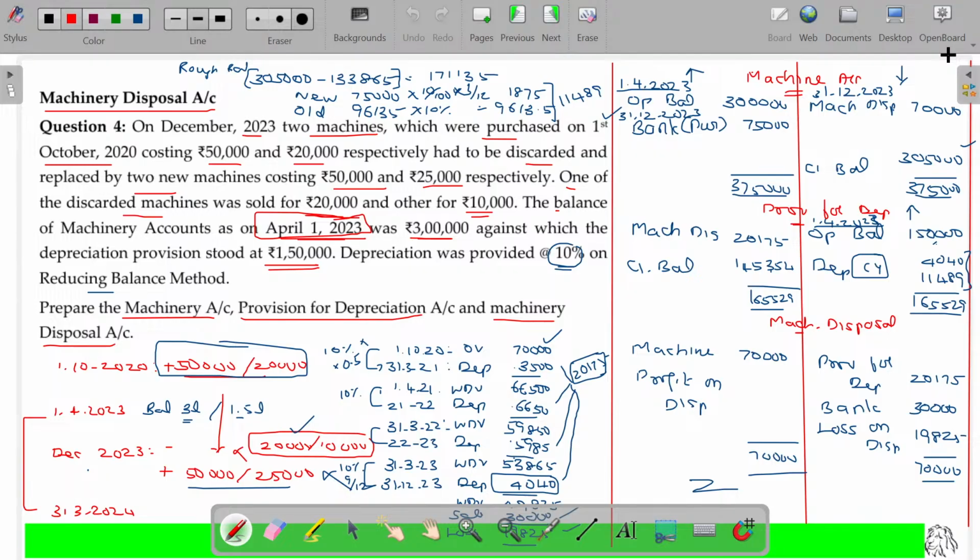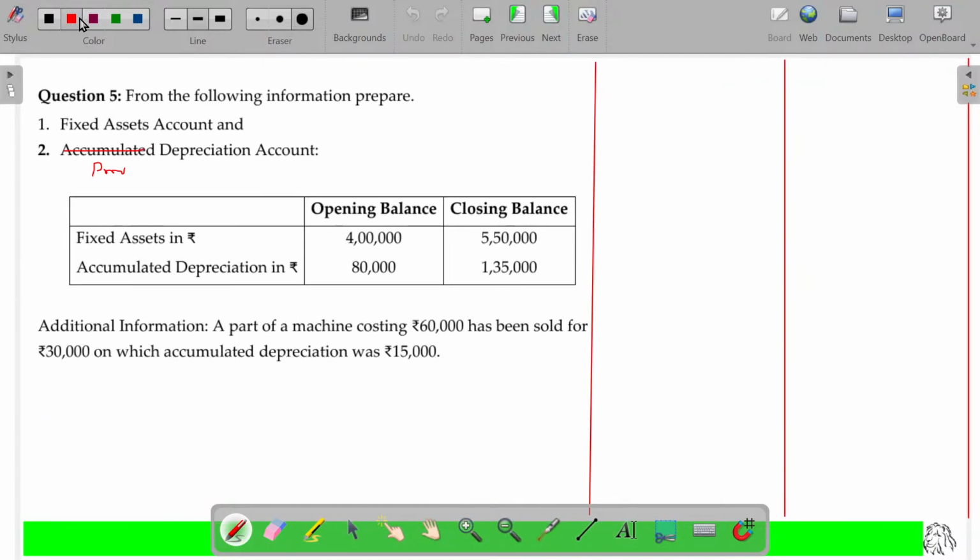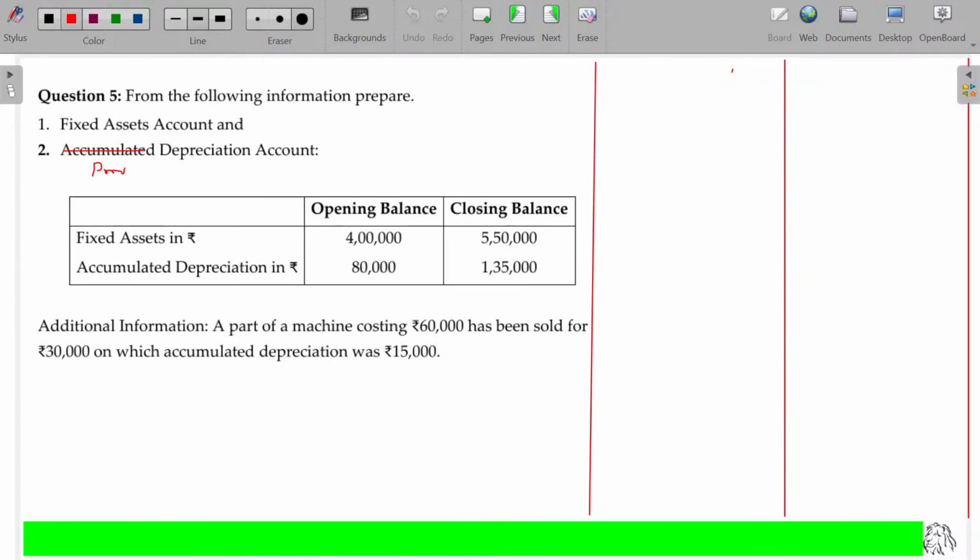Now, in this fifth illustration, I have to open fixed asset account as well as provision for depreciation account. In fixed asset, opening balance should be in the debit side, closing balance should be in the credit side.